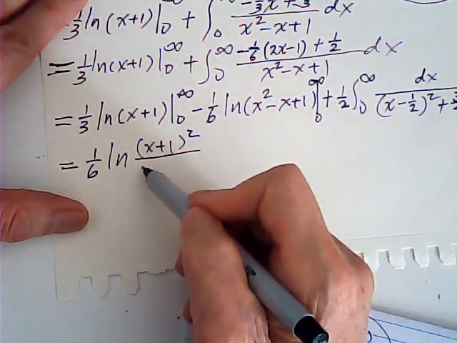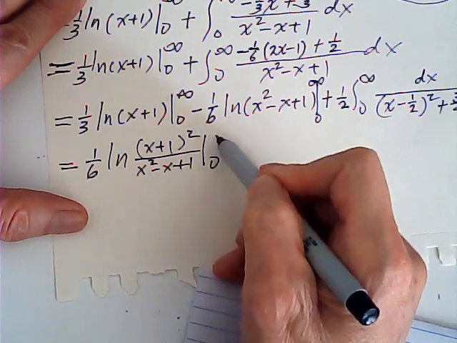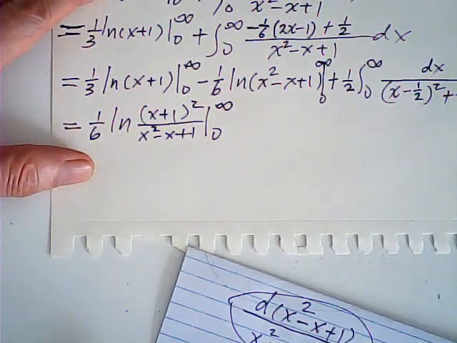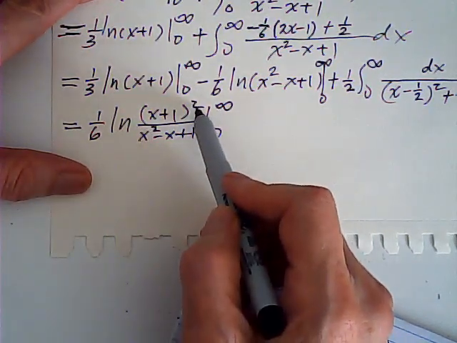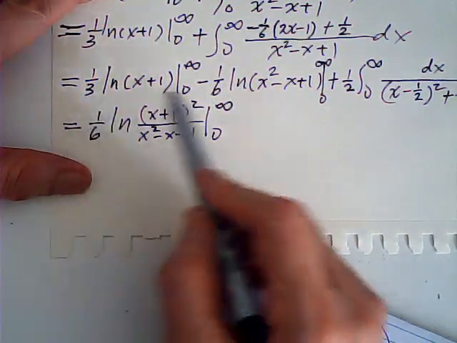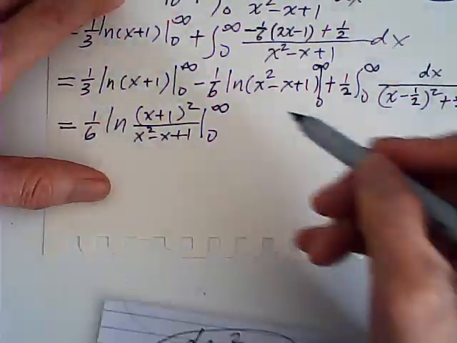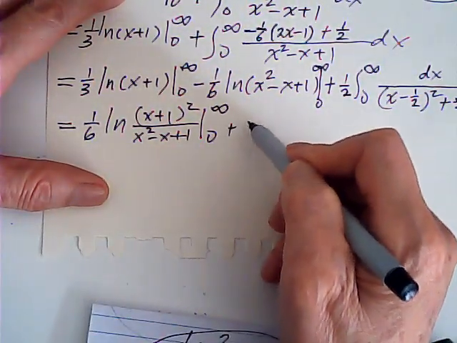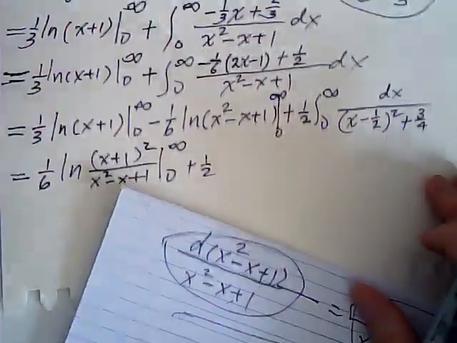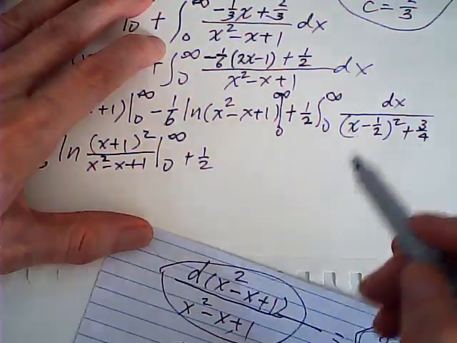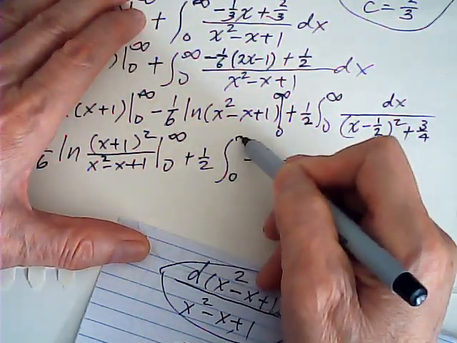This will be x squared minus x plus 1 from 0 to infinity. 2 over 6, the 2 comes here, 2 goes there. 6 combined with this is a common factor. And plus 1/2 of this integral from 0 to infinity.